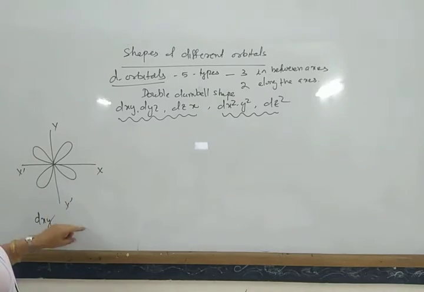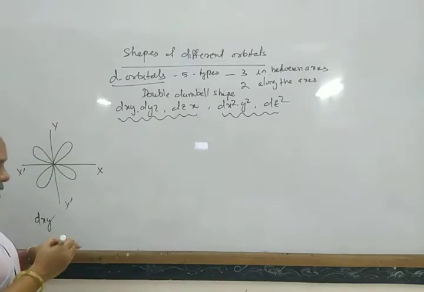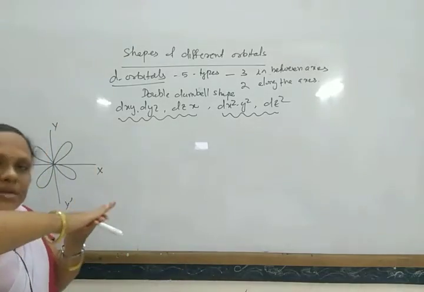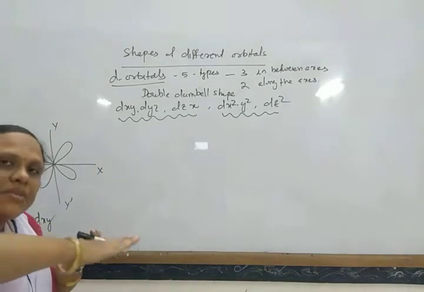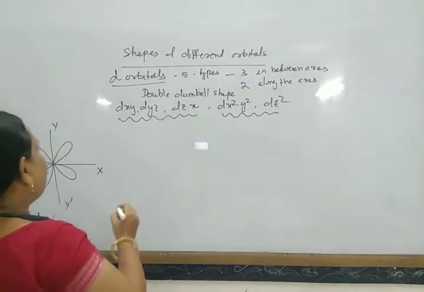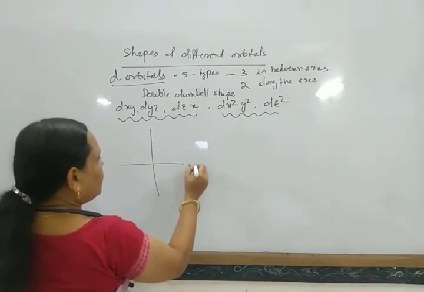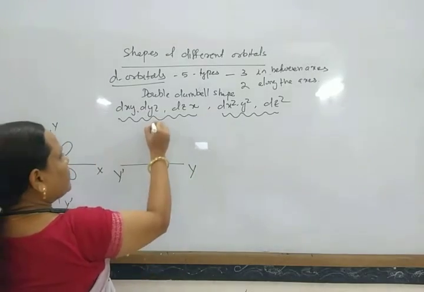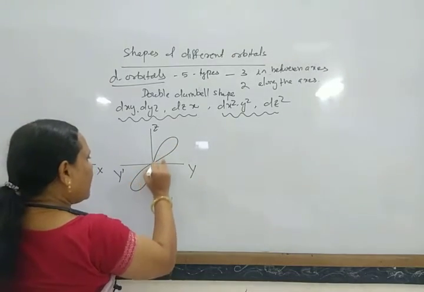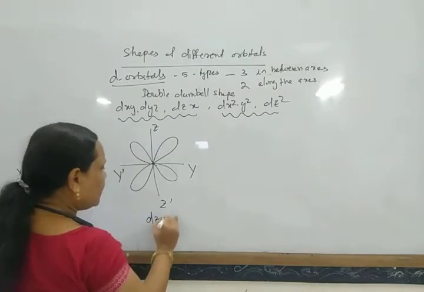Suppose you take 4 balloons and bind them so that they form a planar structure, and keep it in the xy plane. Next, another orbital, dyz. Suppose this is y, O, y dash, and z, O, z dash. Then this orbital remains in the zy plane.